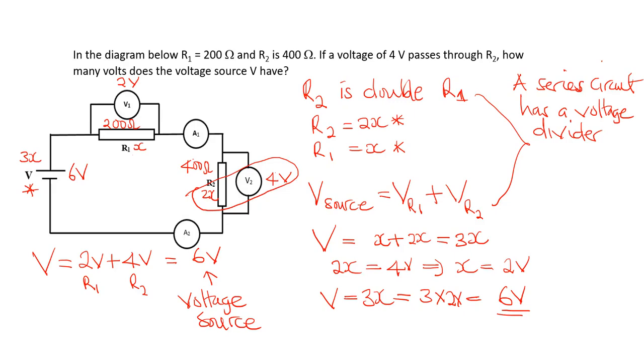Why are we doing this? We are doing this because it is a series circuit. So a series circuit has voltage divider, which means you need to add the voltages to get the total number of volts.